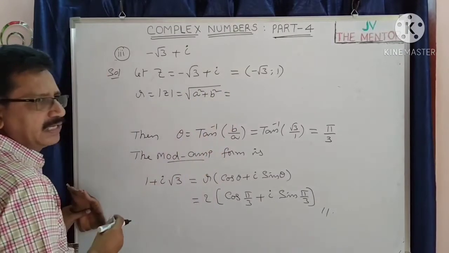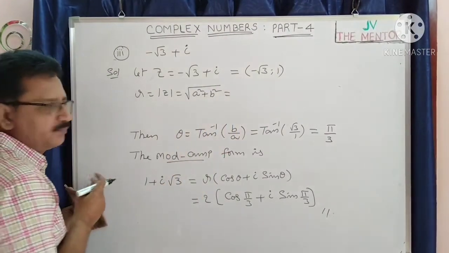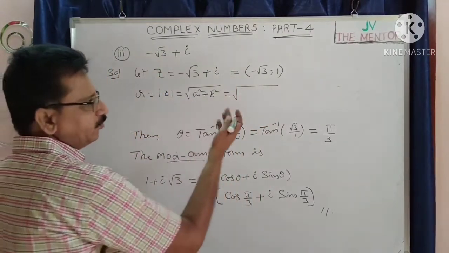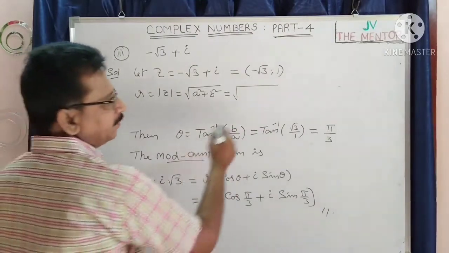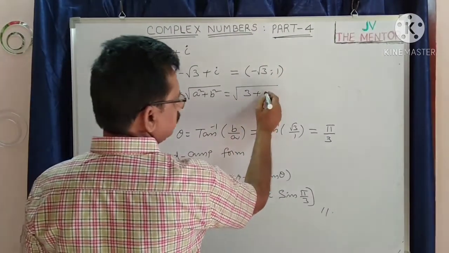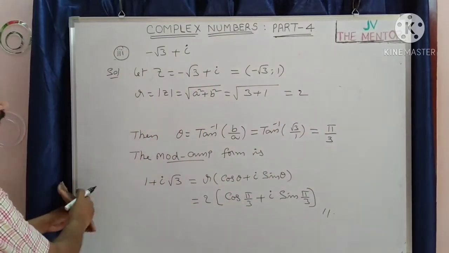Here A is the first coordinate, B is the second coordinate. So A is minus root 3, whole square, minus root 3 whole square is 3, plus B square, B is 1, square is 1. Root 4, root 4 is 2.